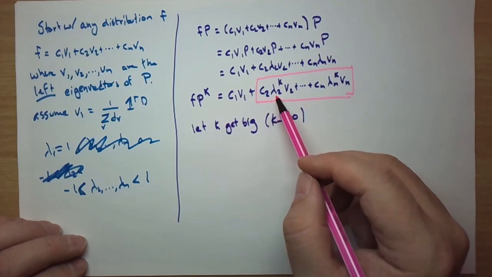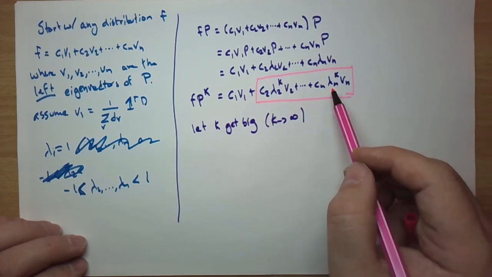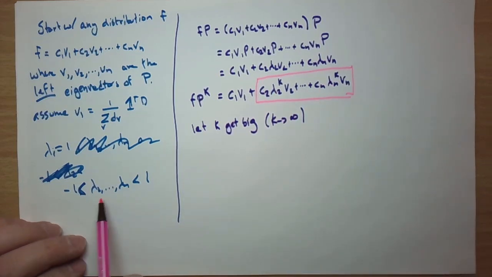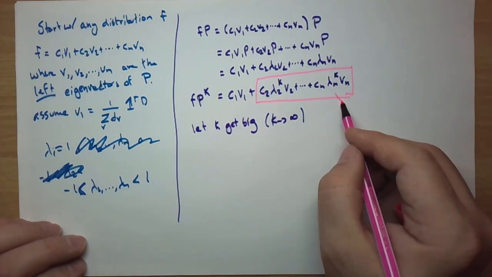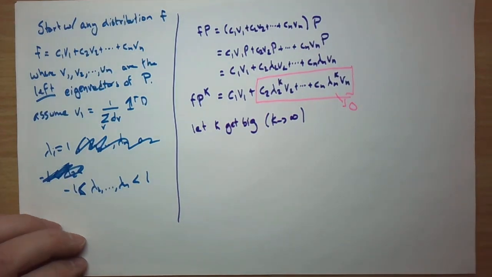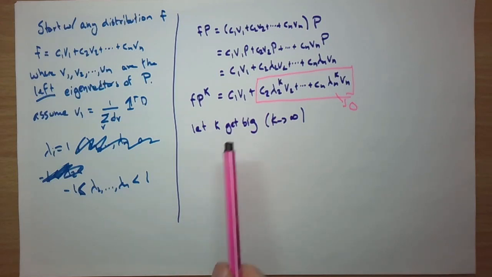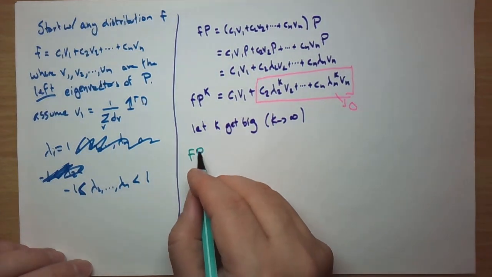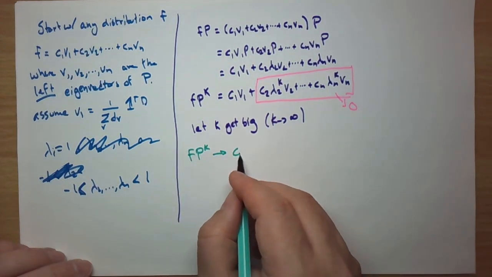The eigenvalues, in absolute value, are smaller than 1. That says all of this stuff goes to 0 in the long run. And so the only thing that doesn't go to 0 is the very first thing. And so we say, okay, fp to the k converges to C1 V1.